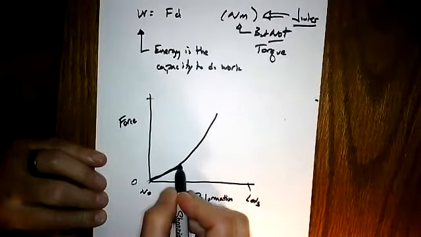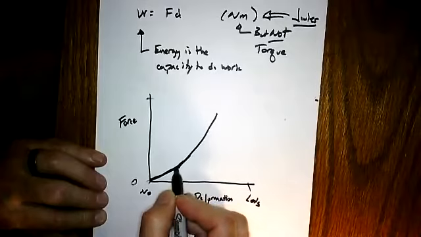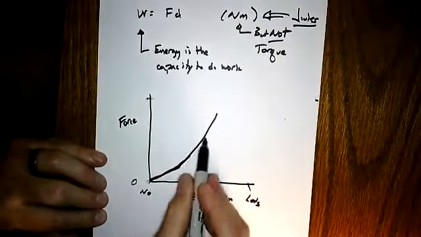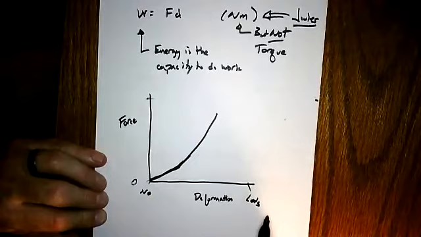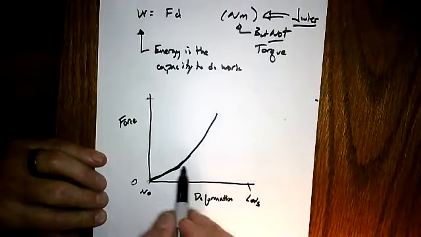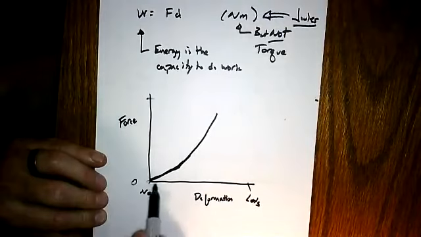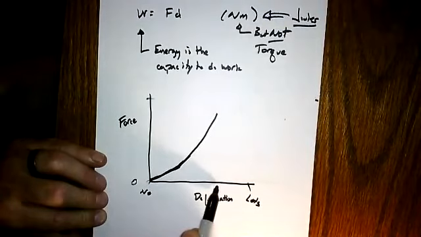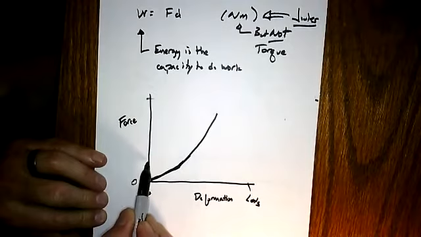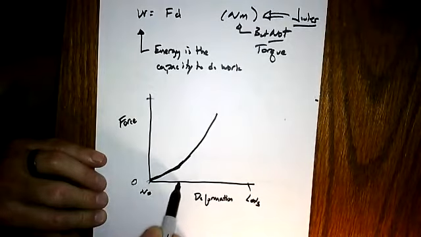I just did a bad drawing there. The shape of this, how this changes, is dependent on the type of surface. But what we're seeing here is, as we are increasing force, we're increasing deformation. As force applied goes up, I'm getting further from no deformation to some deformation.